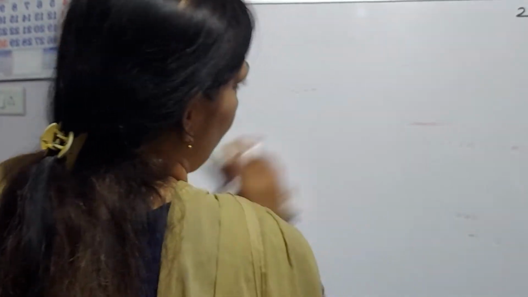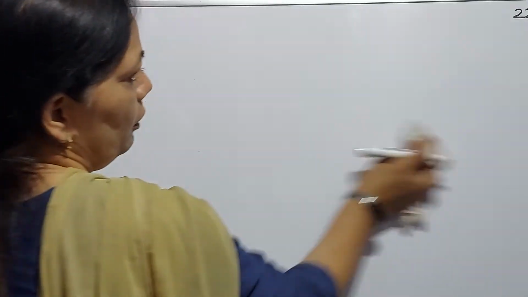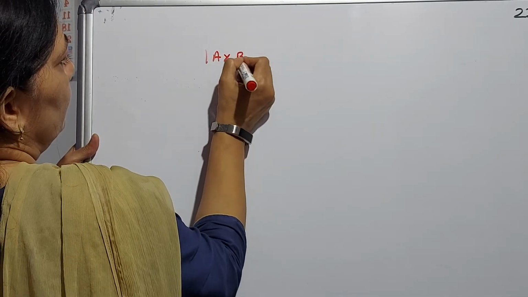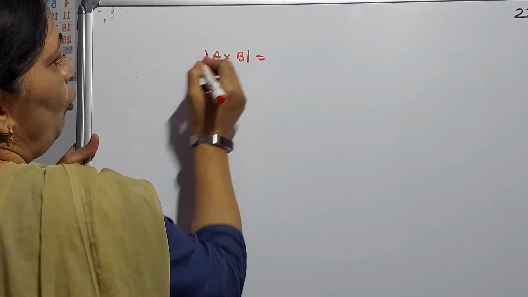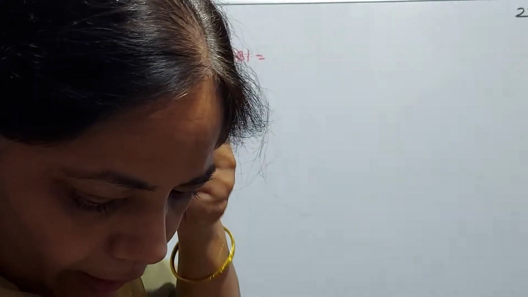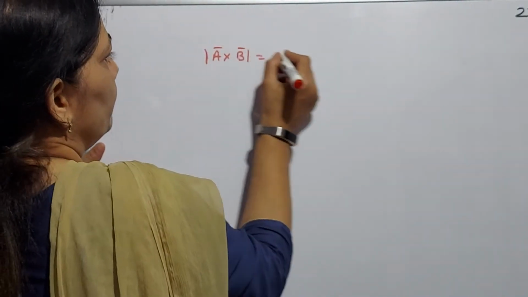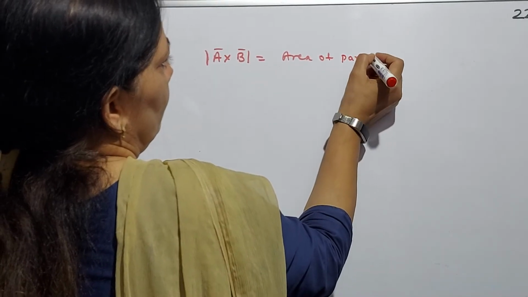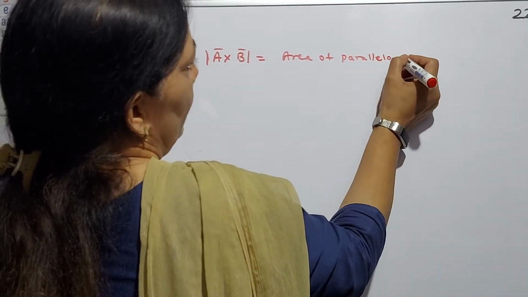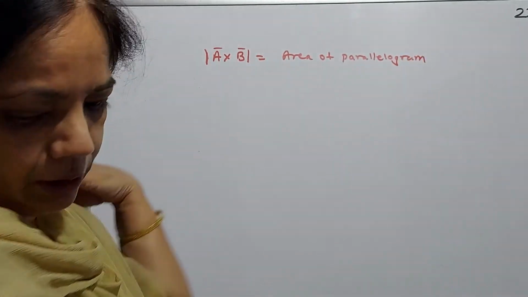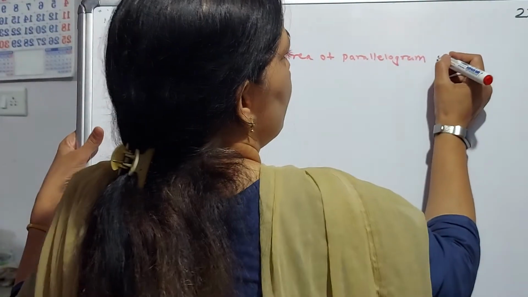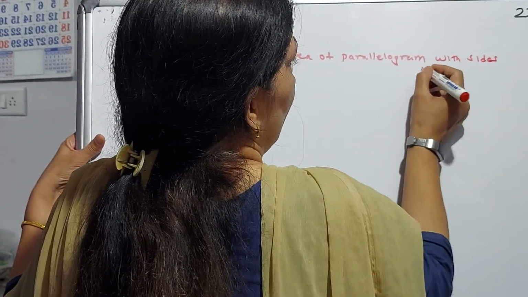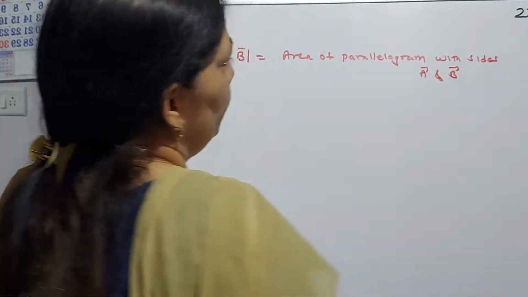The modulus of A cross B, mod of A cross B, gives you the area of a parallelogram with both sides A and B. Correct?